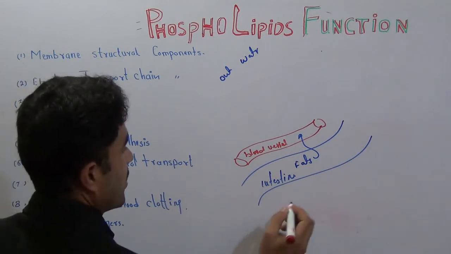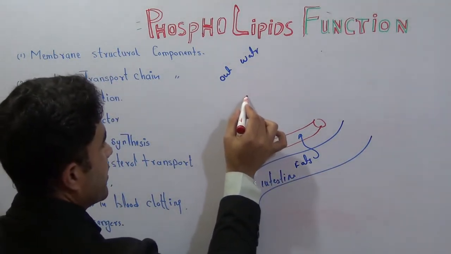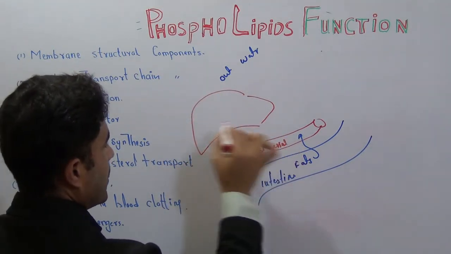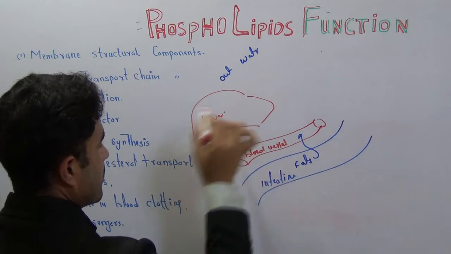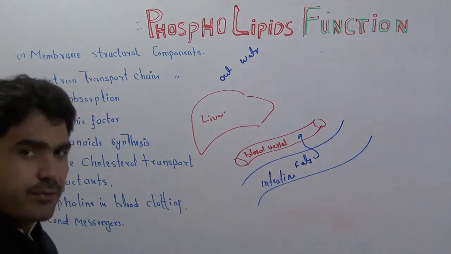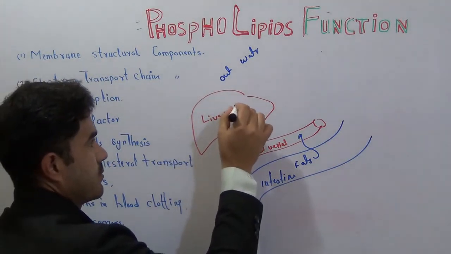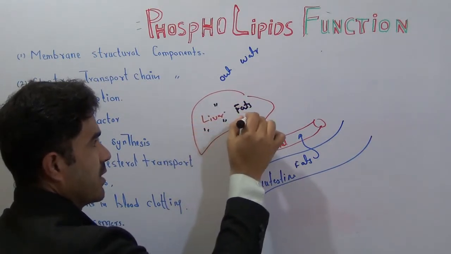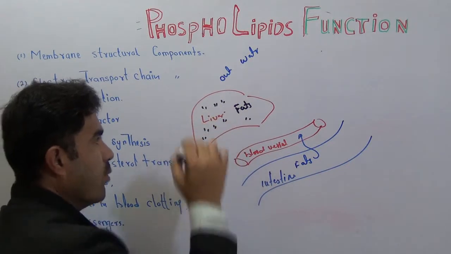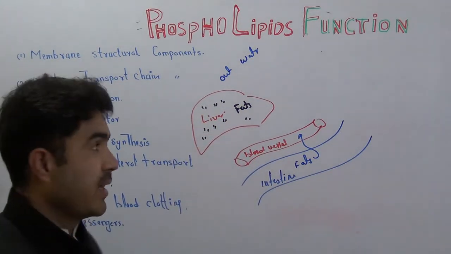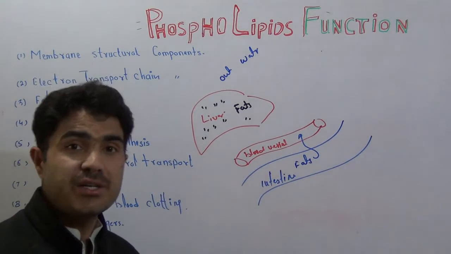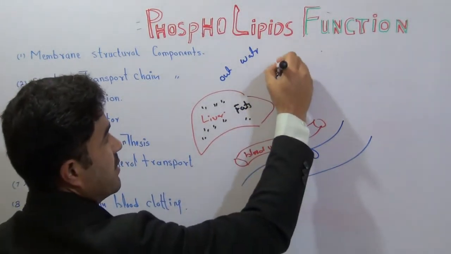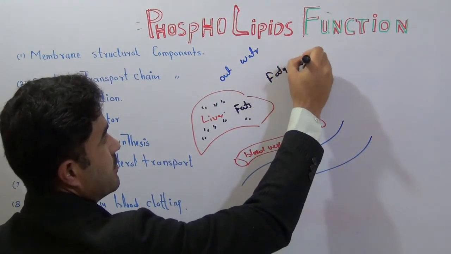Here is your liver. Sometimes if fats are accumulated in your liver more than what is required, then this will be a pathological condition, a disease, and we call it fatty liver.